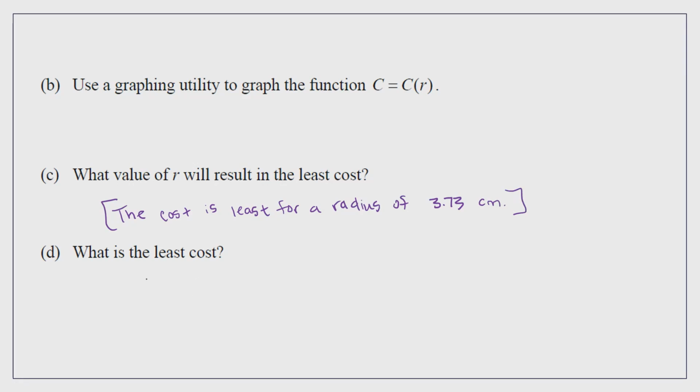Okay, now what is the least cost? Well, when we evaluate C at 3.73, we get 15.70. Okay, so the cost would be $15.70.